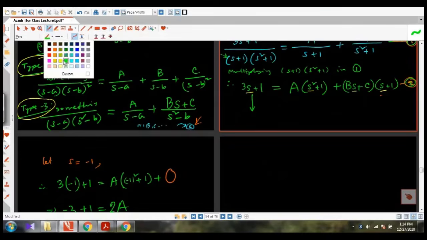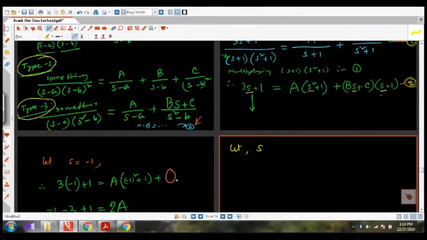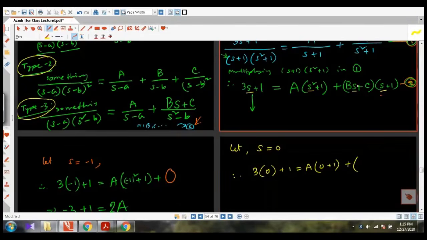Let's plug some random values of s. So I'm using s equal to 0 in equation 2. From equation 2 we are getting 3 times 0 plus 1 equal to a times 0 squared, that means 0, plus 1, plus b times 0, that is 0, plus c times s plus 1, so that means 0 plus 1.